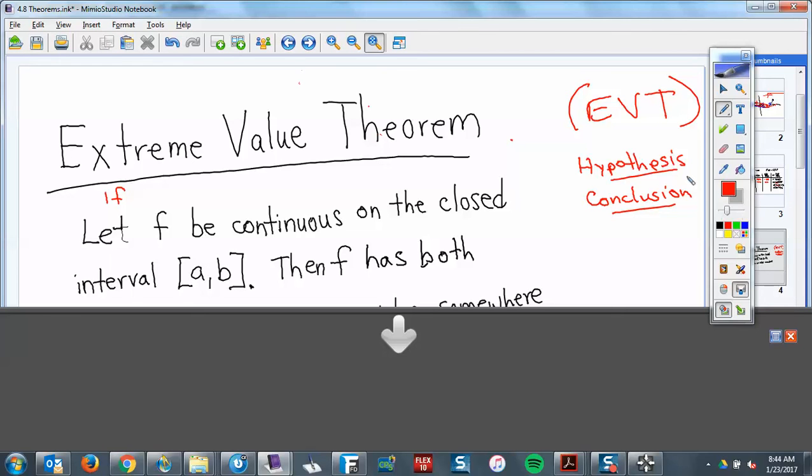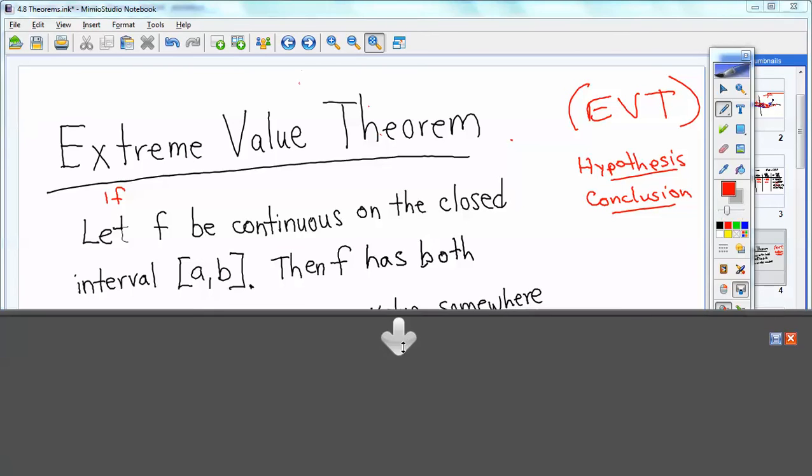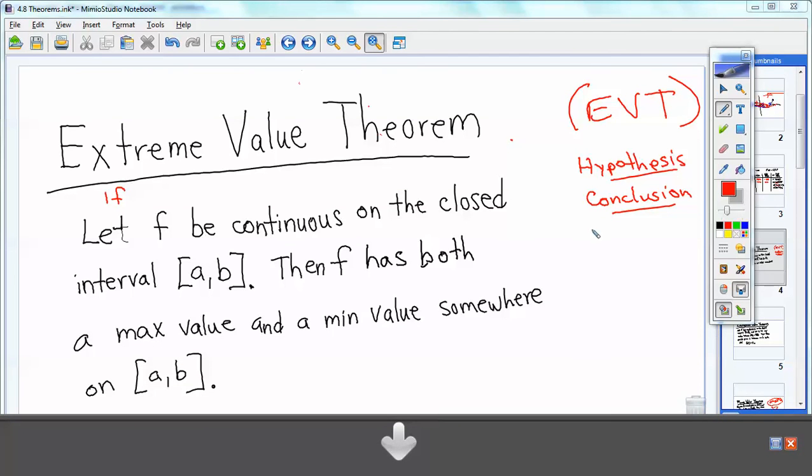If you get an A in the class, then they have to buy you a car. So, hypothesis, conclusion. But the conclusion's only guaranteed to hold if the first part is true, the hypothesis. Okay, let f be continuous on the closed interval AB. Then f has both a max and a min value somewhere on the interval AB.